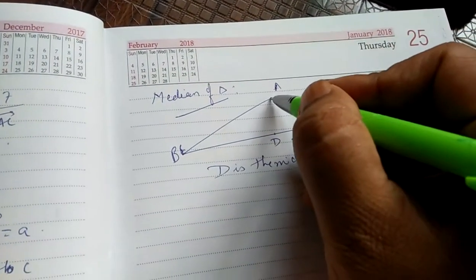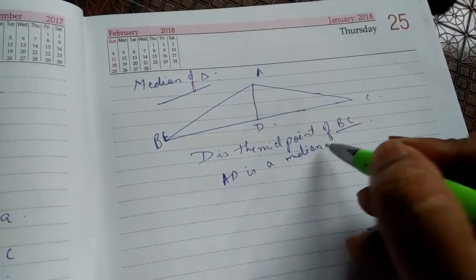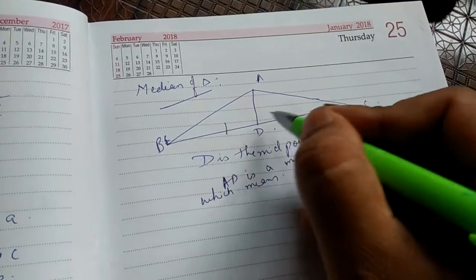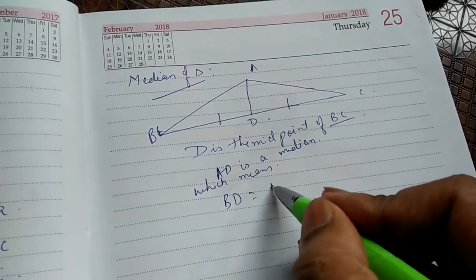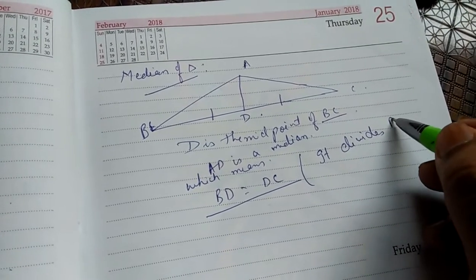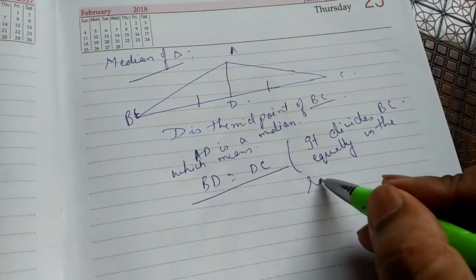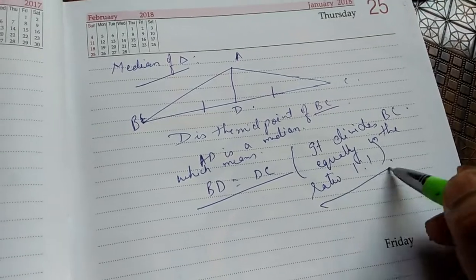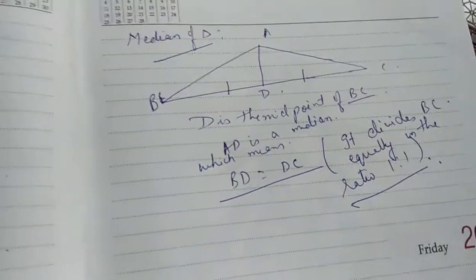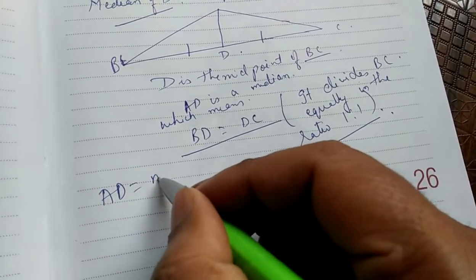Okay, so AD is a median, which means BD is equal to DC. It divides BC equally in the ratio 1:1. Okay, it is as simple as that. So AD is a median.